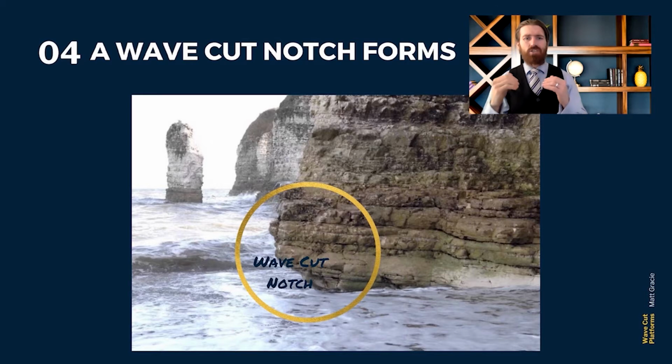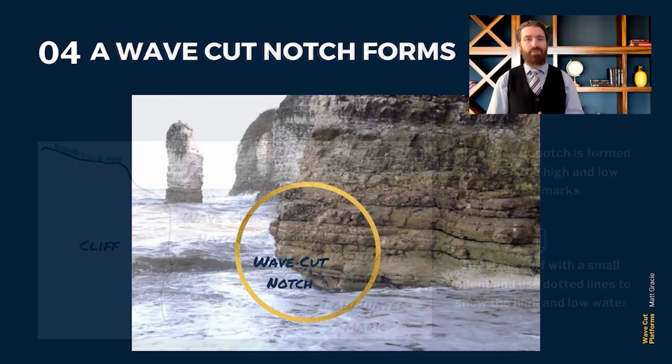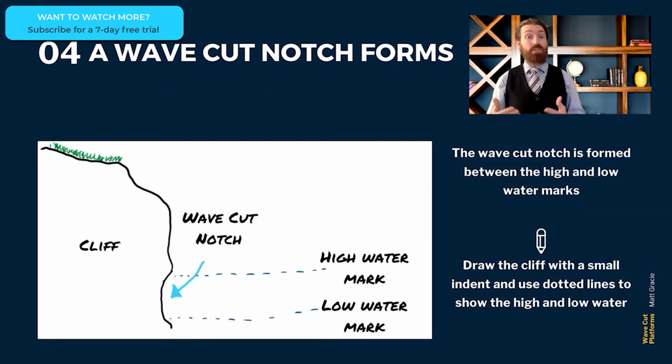And as they continue to do that, the base of the cliff starts to take on this sort of C shape that is a notch, a wave cut notch, cut by waves at the base of the cliff. Now, over time, that notch is going to grow and retreat and get bigger and bigger, and it undercuts underneath the cliff.